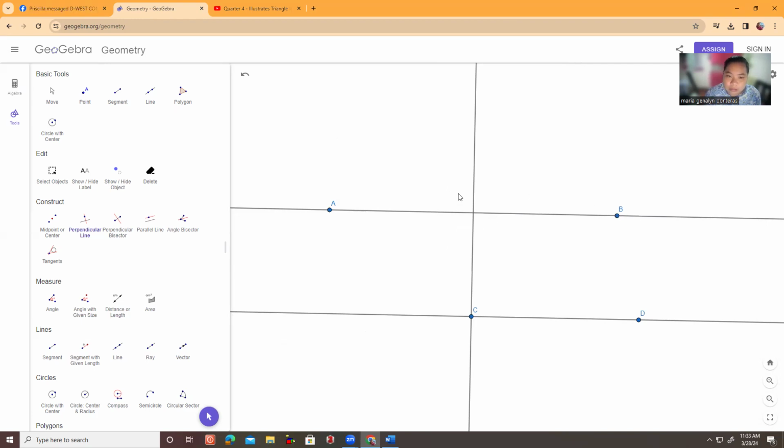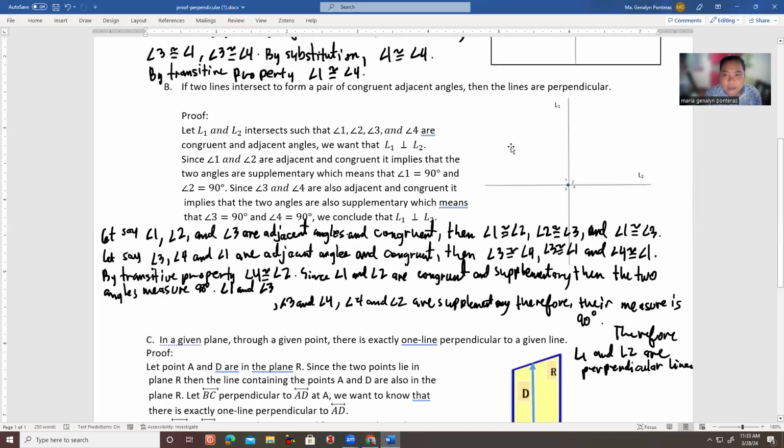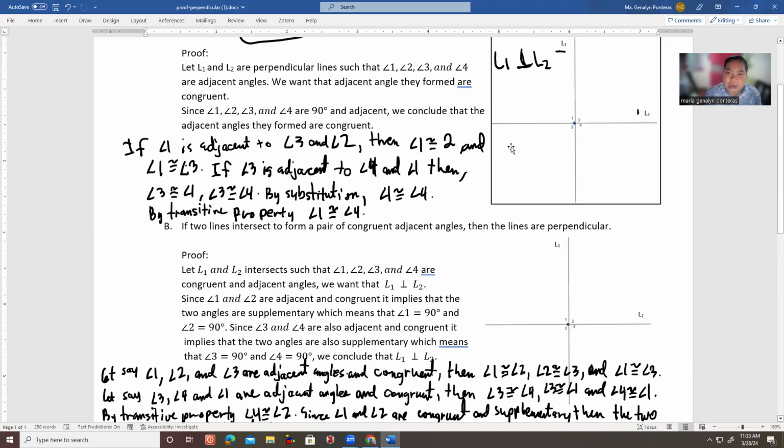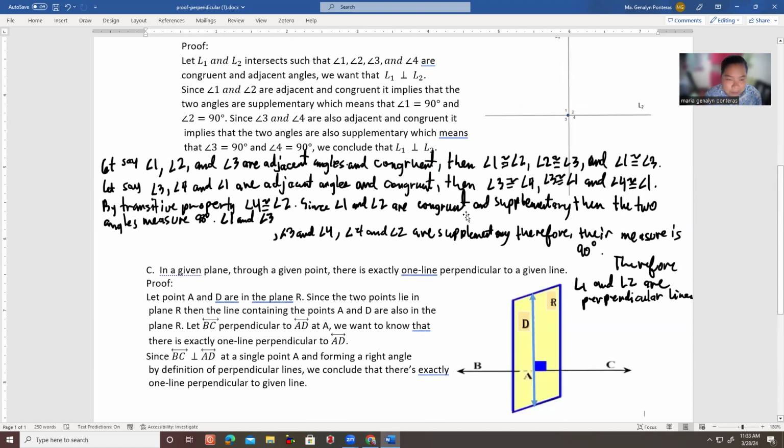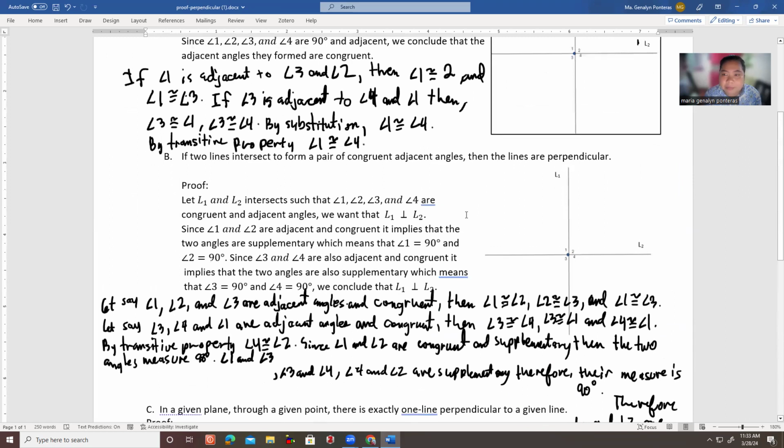If you want to do it in a manipulative way using a protractor or any measuring device, you can have it. If you want the written proof, you can have this one. Any of the methods you aim to do, it's up to you, as long as you use the properties.